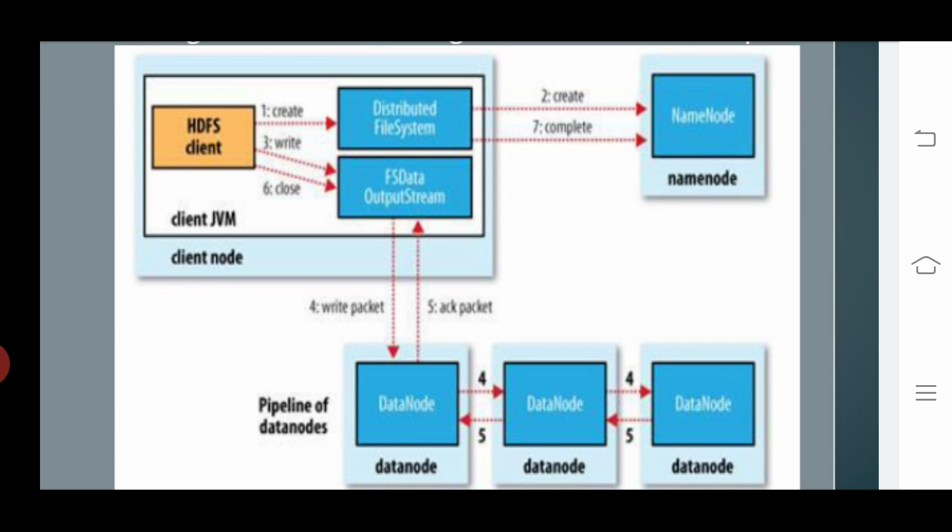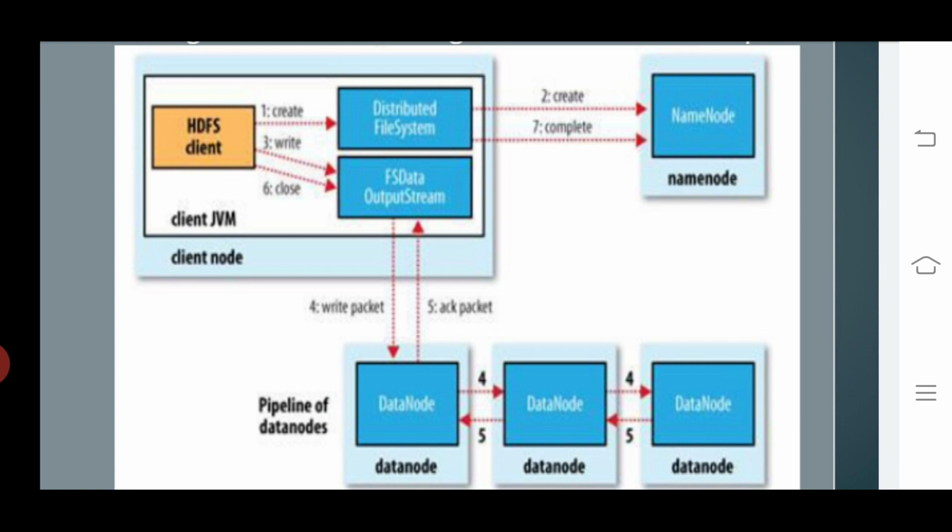And coming to step 5, the acknowledgement packet. Have we received the acknowledgement from that pipeline or not? Now we can see the DistributedFileSystem output stream also maintains an internal queue, in first-in first-out fashion, of packets that are waiting to be acknowledged by data nodes, called the acknowledgement queue.